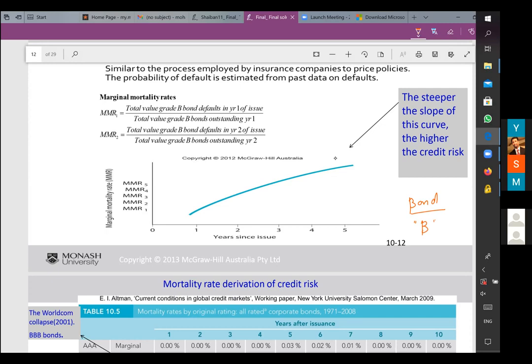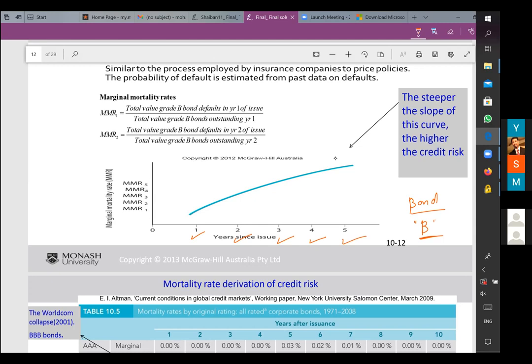They will tell you how much of this class was defaulting in year 1, year 2, year 3, year 4, and year 5.